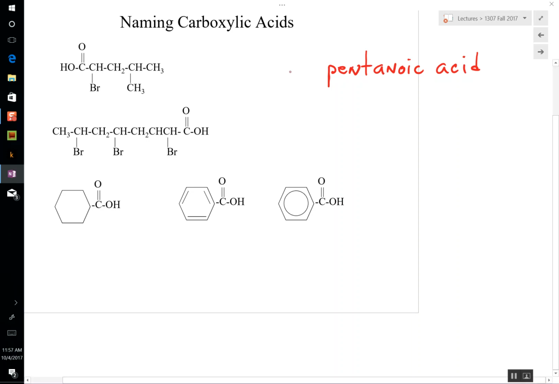Okay, there's a methyl on carbon 4. You start counting from the end of the carboxyl group, and you do count that carbon. That's carbon number 1, 2, 3, 4, 5. So you count that one, and then we have a 2-bromo, right? 2-bromo-4-methylpentanoic acid.